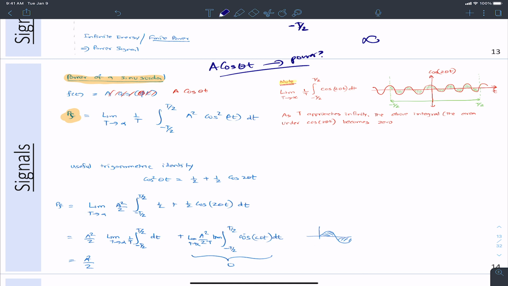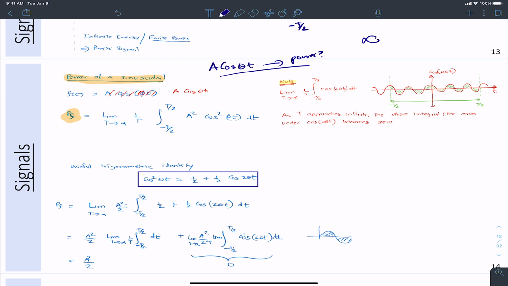You cannot directly integrate cos squared θt, so we use one of these trigonometric relationships: cos squared θt is half plus half cos 2θt. That is one of the trigonometric identities that you will need for this derivation.